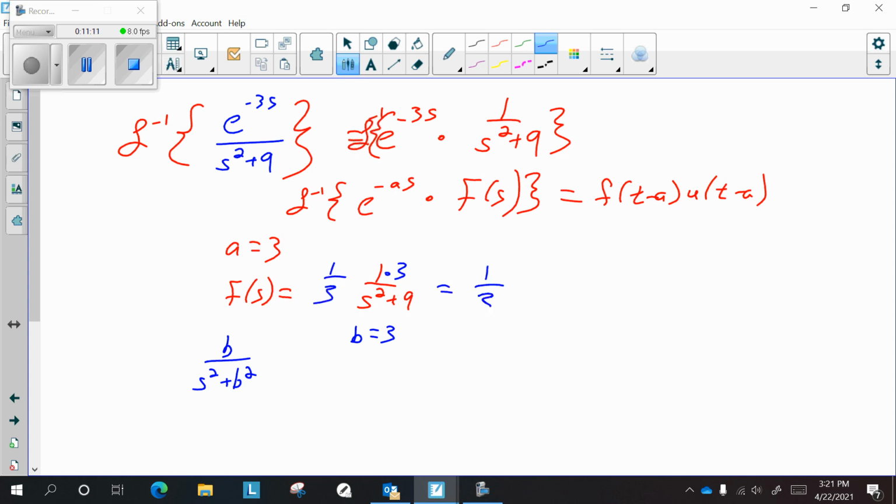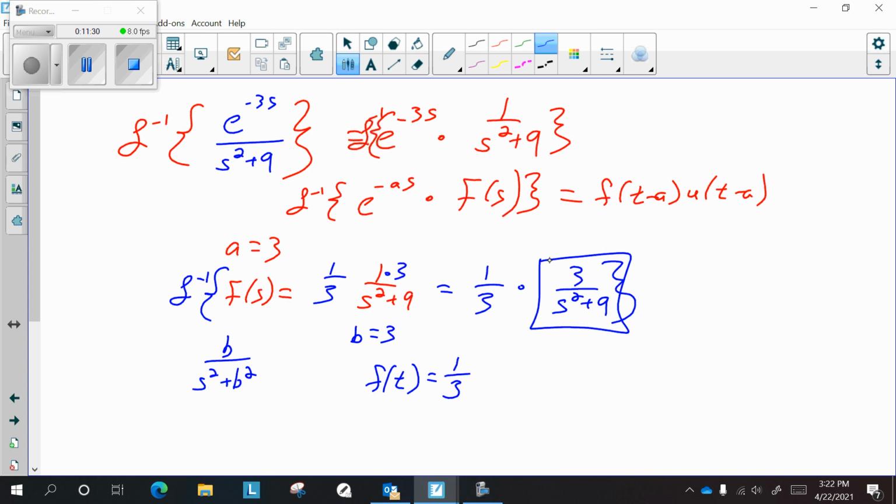So that's 1/3 times 3 over s squared plus 9. To get f of t, we need to take the inverse Laplace of that. If we have a coefficient, we can leave the coefficient out front, and then we can transform the function part. So that transforms into sine of b times t. So that's f of t.